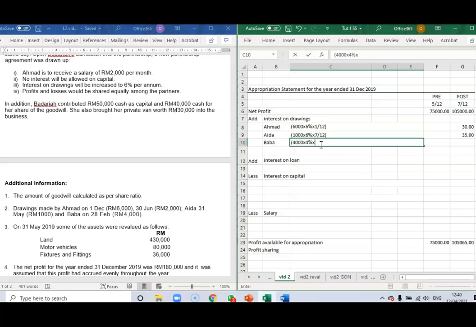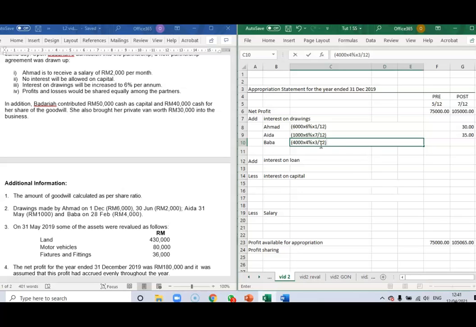Okay, from March until May, because on the 1st of June you are using the new agreement. So March, April, May, only 3 months. So 3/12 the time.